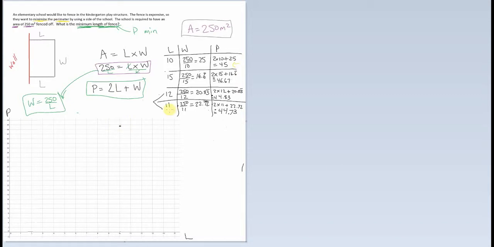A length of 12 has a perimeter of 44.73. Okay, so notice how in this graph, because of the settings for the horizontal and vertical axes, these points are all very close together. Okay, 12 is 44.83. It's very difficult to see any pattern whatsoever.